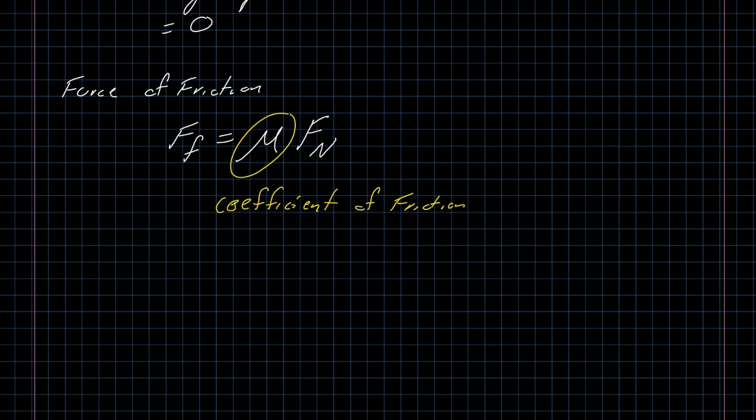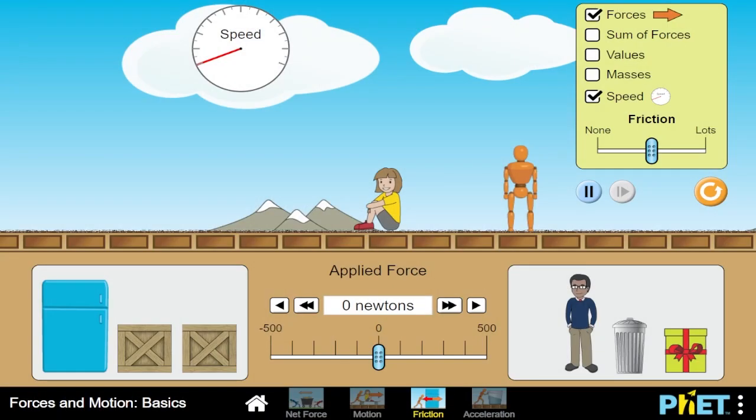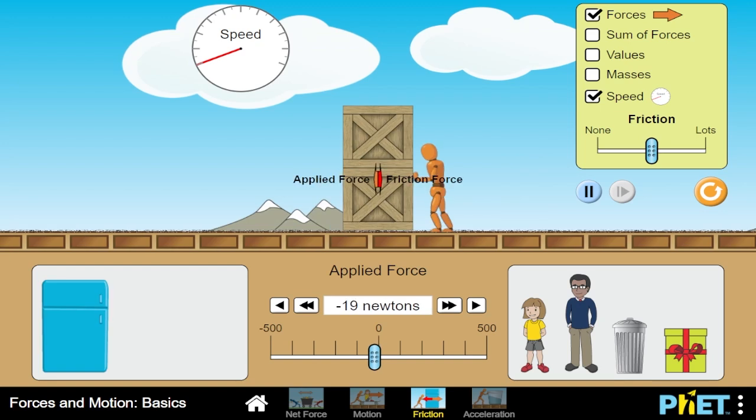of friction. And if I come back to my simulation, one of the things that I went a little bit too fast for you to see in that first example, as I increase the applied force, the frictional force is going to grow at the same rate.